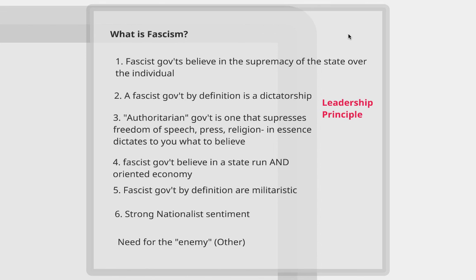And this ties in with the need for the enemy. There is absolutely the need for the other, the enemy, like you are not one of us, right? And we are all a part of this oneness, this national identity. We are all together.